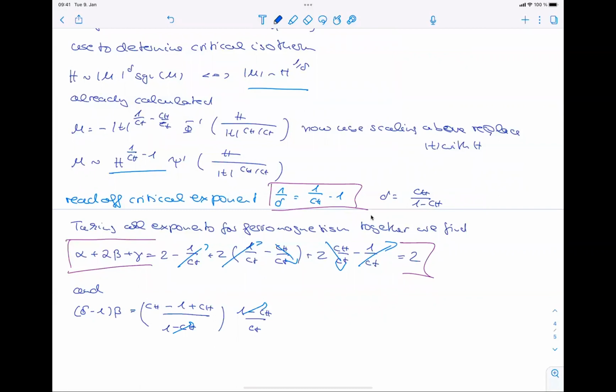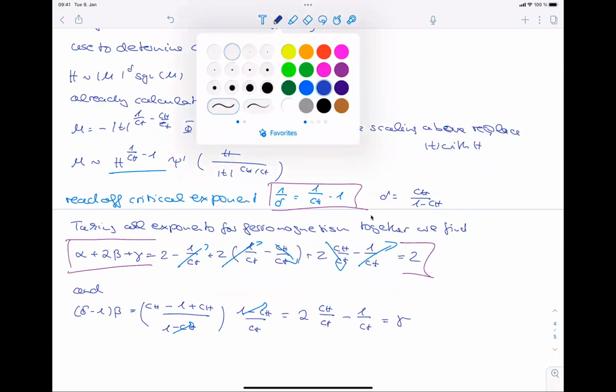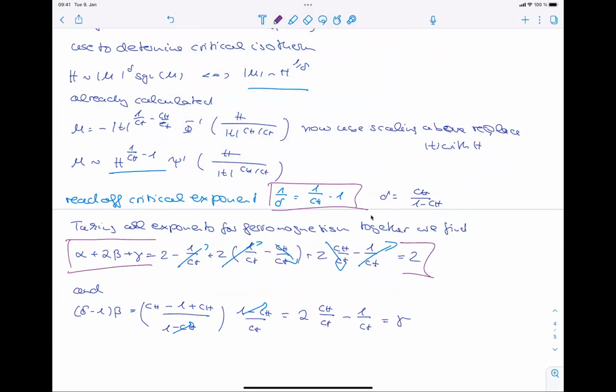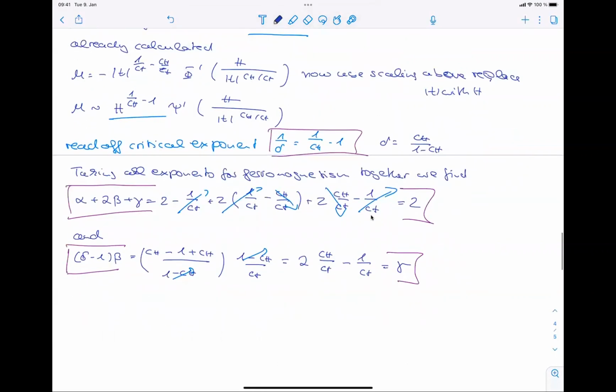See that these two cancel, and I arrive at this being equal to 2 CH over CT minus 1 over CT. And I can identify this as gamma. It all perfectly falls in place.